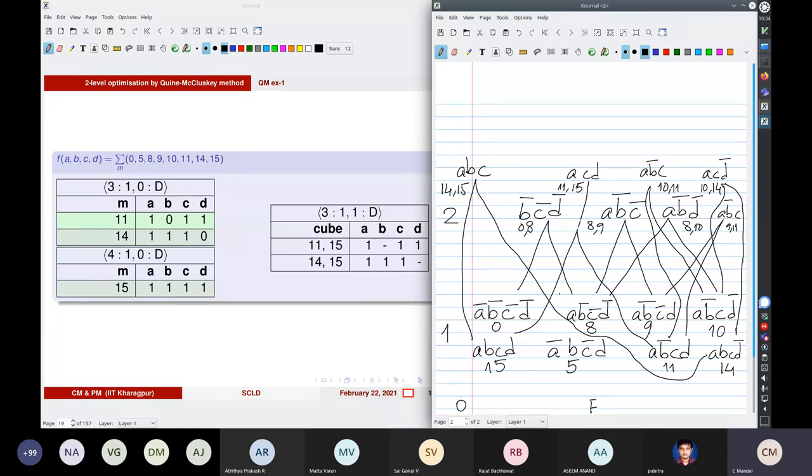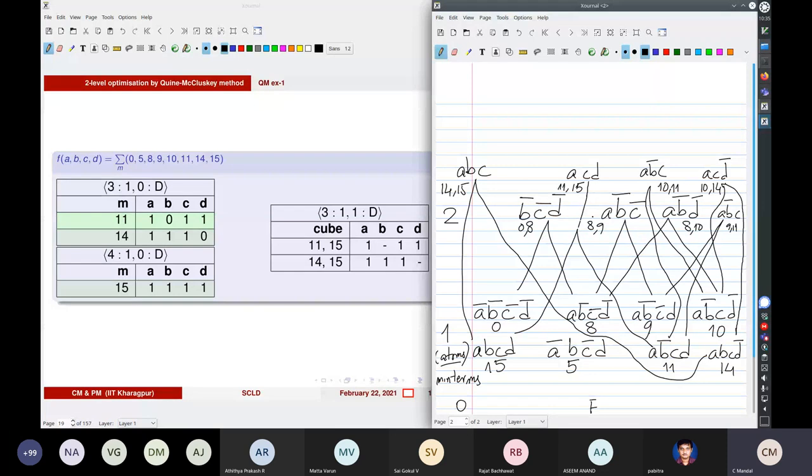At level 1 you have got the atoms. These are your min terms, atoms. And then you have got slightly bigger cubes, where you have dropped, the result of joining two min terms which are adjacent.